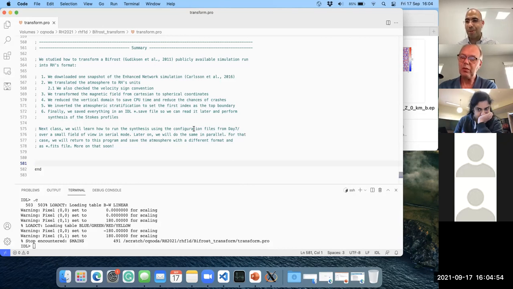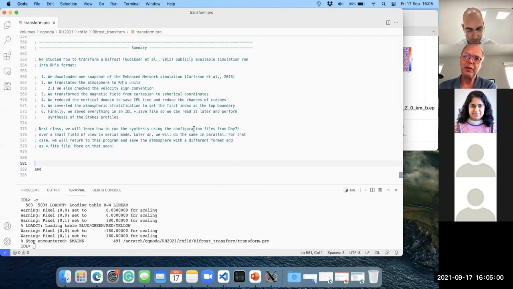Can you repeat, because I couldn't follow well? You said in the RH, the folder is RHST3D. Does it calculate the atmosphere in 3D, or just in the 1.5D approximation, like column by column? That's a true 3D solution.